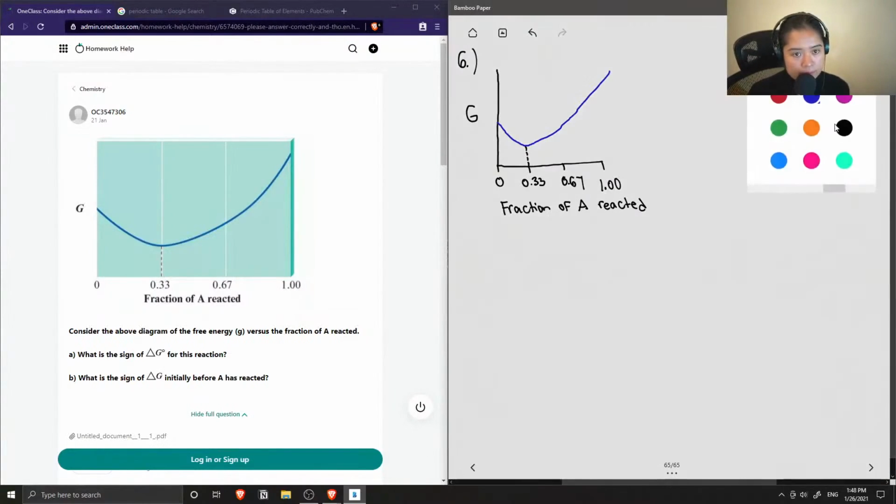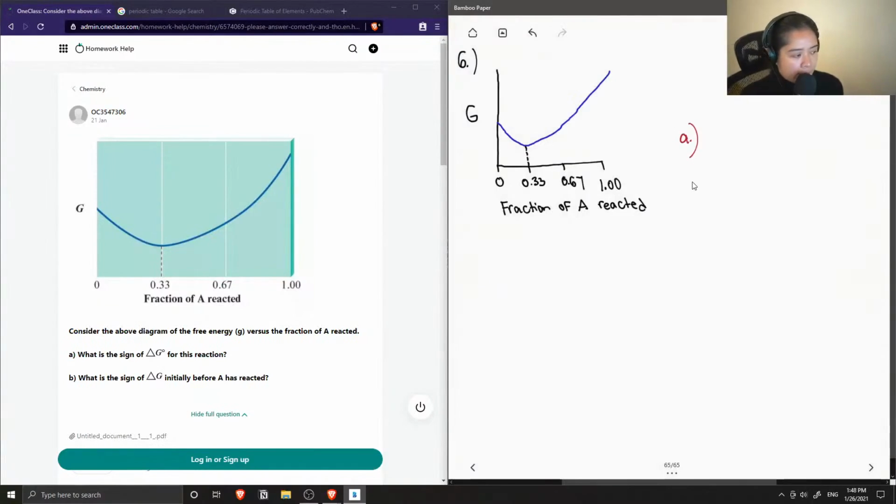Okay, so now for part A, what is the sign of delta G for this reaction? We know that delta G of a reaction is equal to delta G of our products minus the delta G of our reactants.